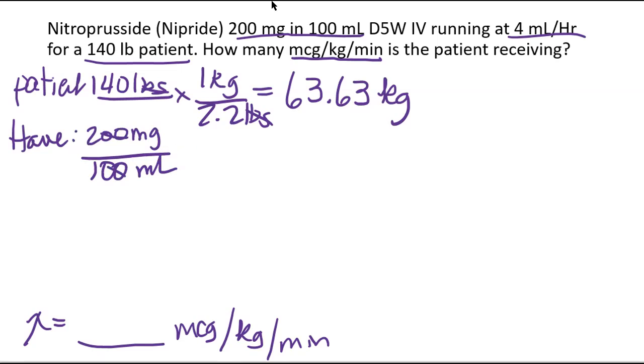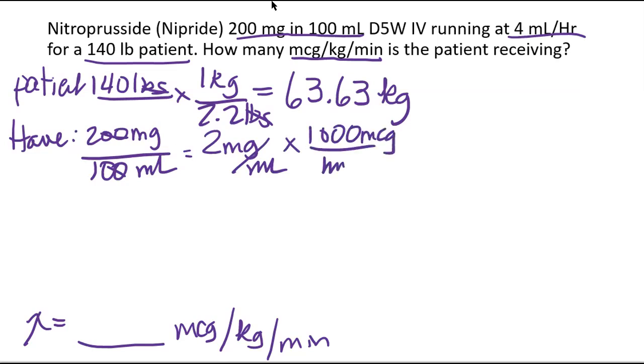Cross out the zeros, and this will make your math easier. This is 2 milligrams per ml. If we want to change it to micrograms, you'd go 1,000 micrograms in 1 ml, or 1 milligram. So we cross the milligrams out, and we get 2,000 micrograms per ml. Okay, and that's what we have.